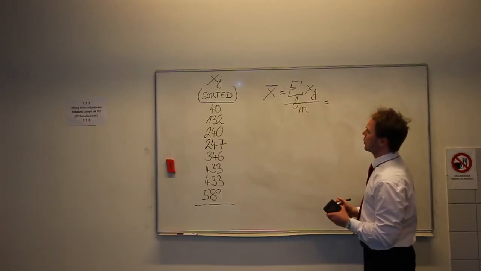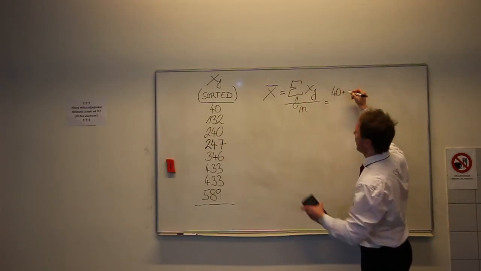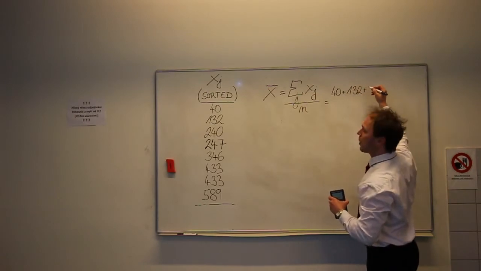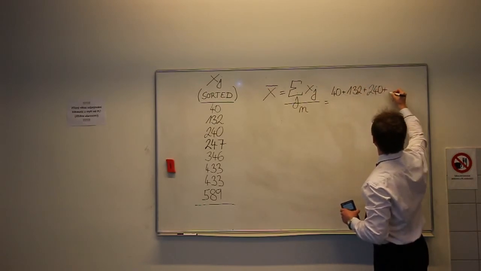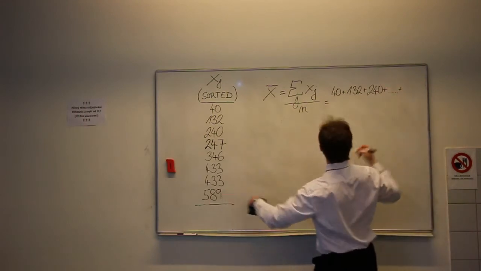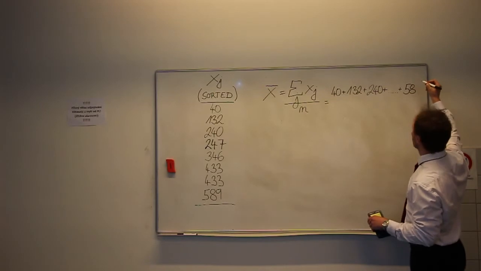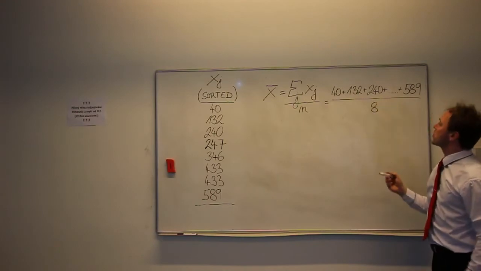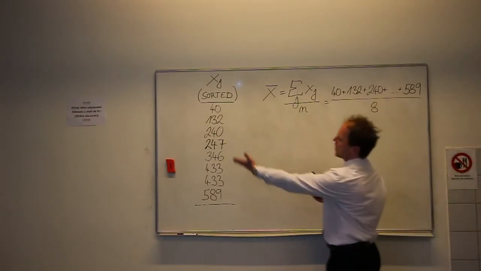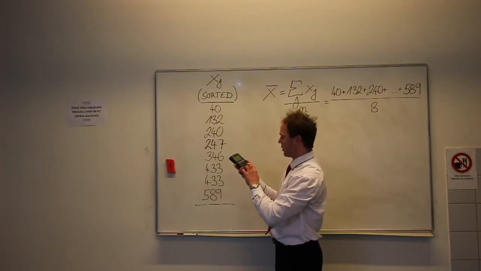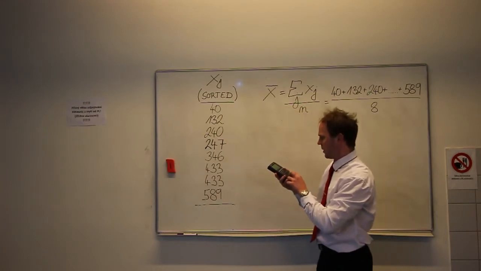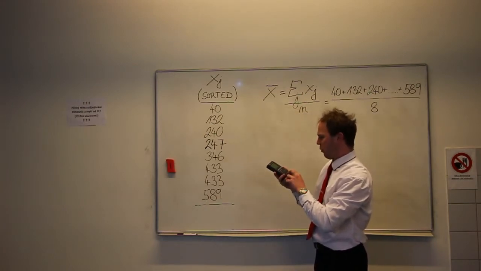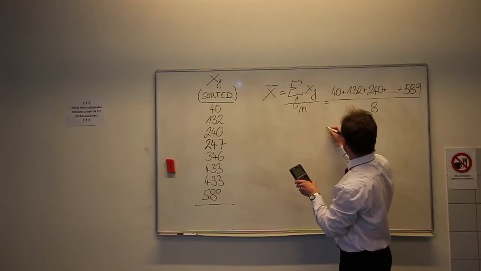The numerator is 40 plus 132 plus 240 plus 247 plus 346 plus 433 plus 433 plus 589, which is 2460, and the denominator is 8 prisoners.